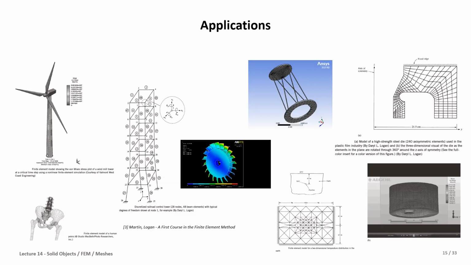Here are a few examples to visualize its application. You can see it could be applied to a simple 2D domain. However, it could also be applied to complicated geometry, and also to this type of problem with nodes. And you can see here a complex problem for a wind turbine, and here a medical application.